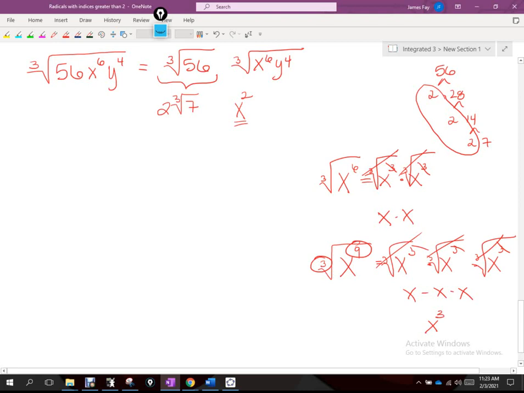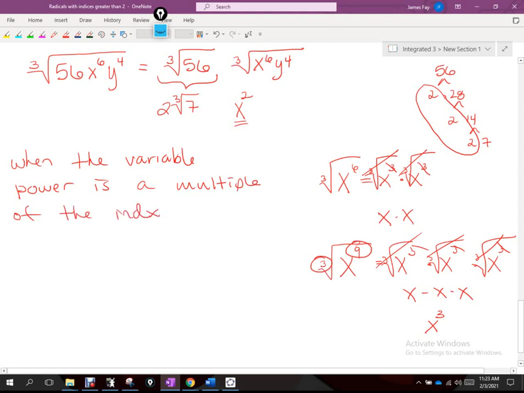Okay, so, I might want to write this down, when the variable power is a multiple of the index, and this is what we did with the square root, divide power by index.